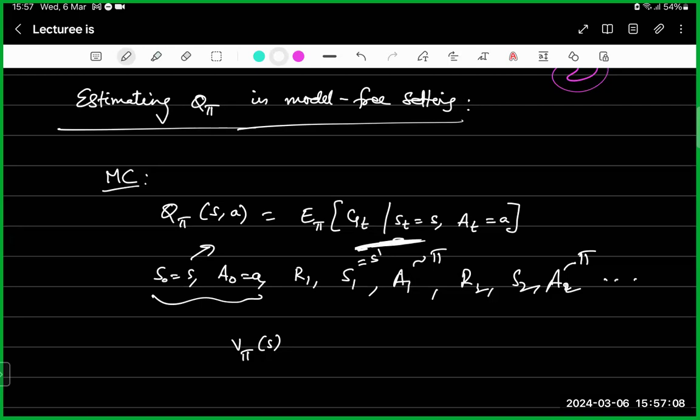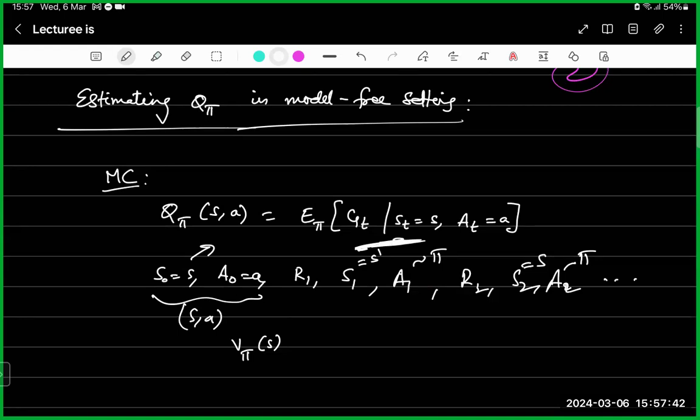But here, if you are starting with s comma a, your first pair is s comma a, but after that you'll keep acting according to pi. Even though you visit state s again, you won't take action a. Let's say s2 is equal to s again, due to some reason the environment has put you in the same state again.